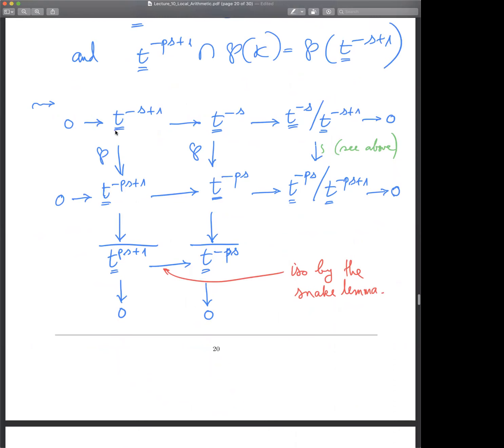I'm saying that you have the p map here, the vertical maps are p, and the image of this is really the intersection of this with p of capital K. And so is the image of this. So the co-kernel is just the one with the bars.